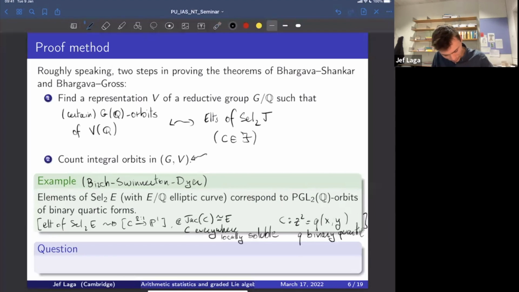Let me just mention that the second step, and this is a bit of an imprecise statement because they don't write it down that way, it turns out that the methods to count orbits can be applied very generally. So this step has been solved very generally by Bhargava, Shankar, and Gross. And these are typically called geometry of numbers techniques.